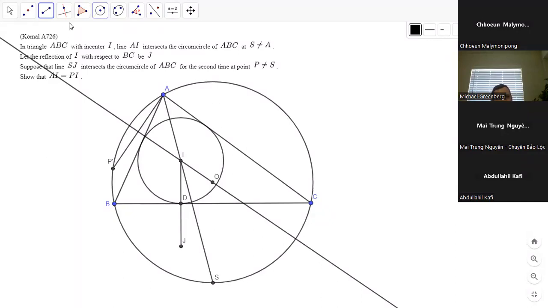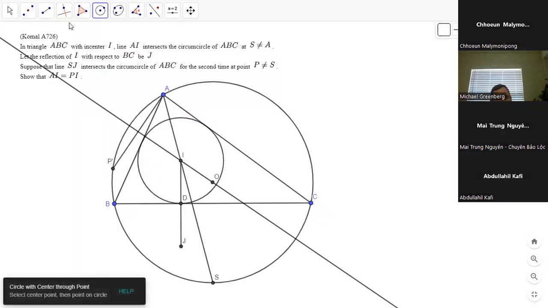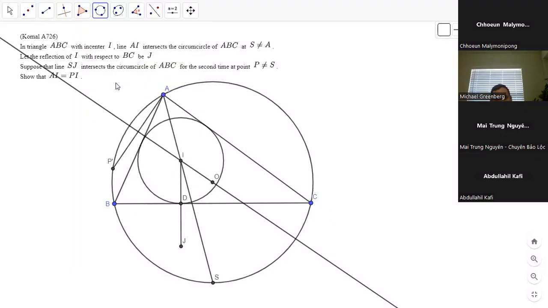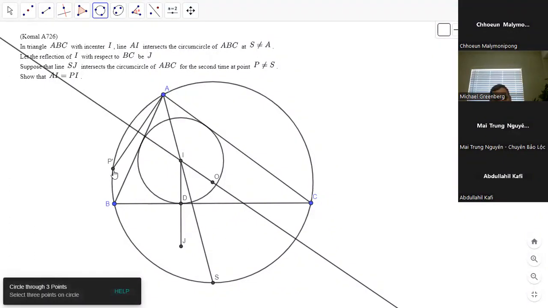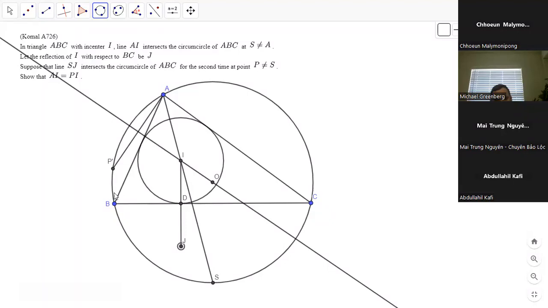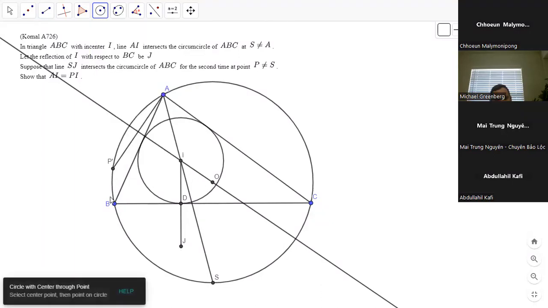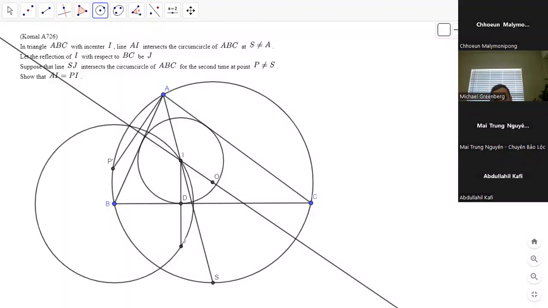I feel like there's got to be some kind of cyclic quadrilateral somewhere. Maybe this? No. But yeah, this looks very familiar, this kind of problem. Maybe it's worth trying this.